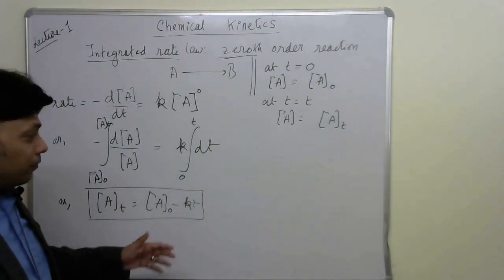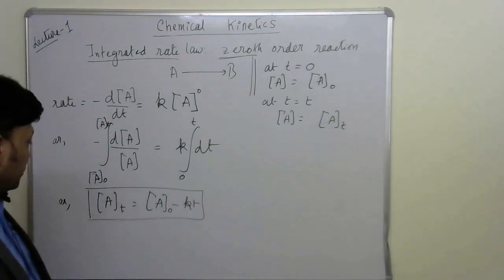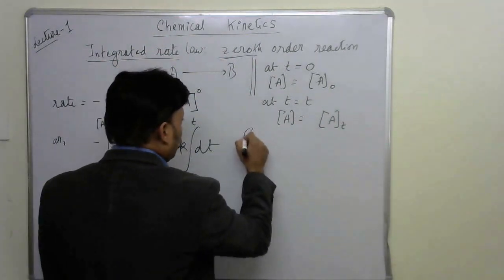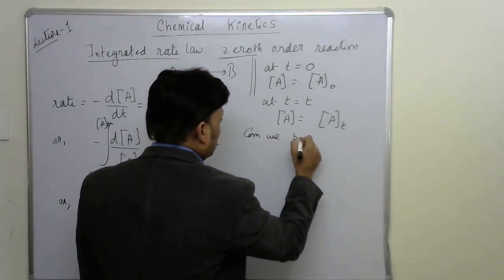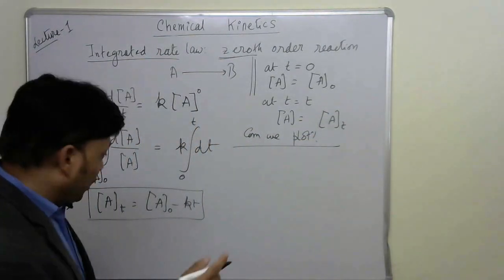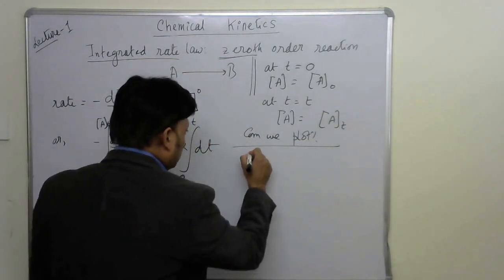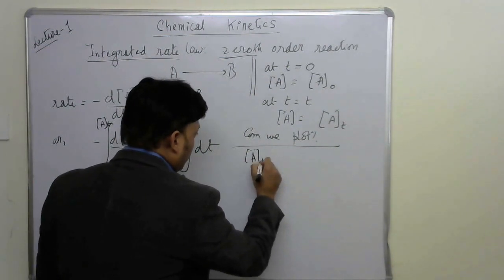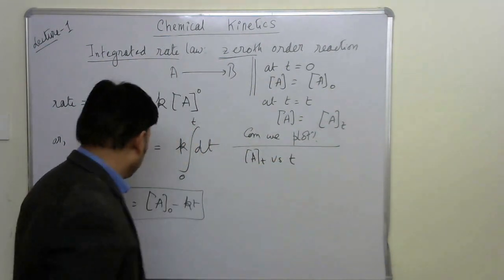Once we get it, there are a few more questions that easily come up. So the question is, can you plot what would be the graph of A t versus time t?